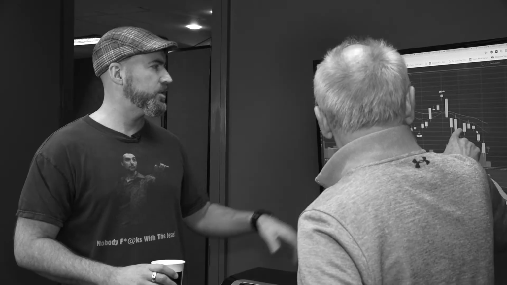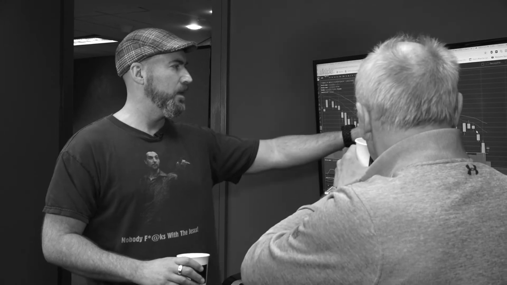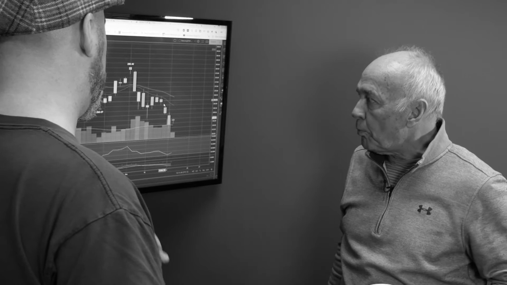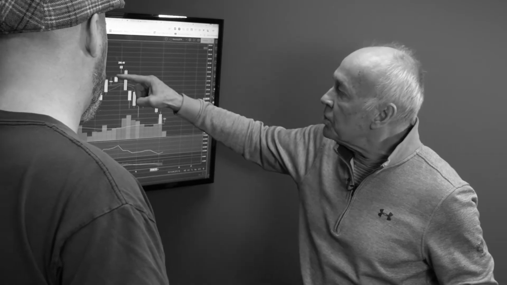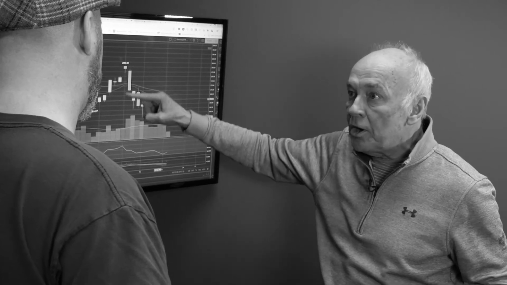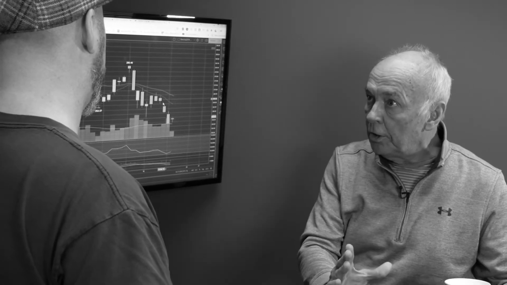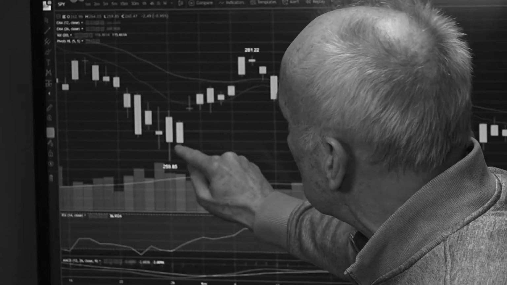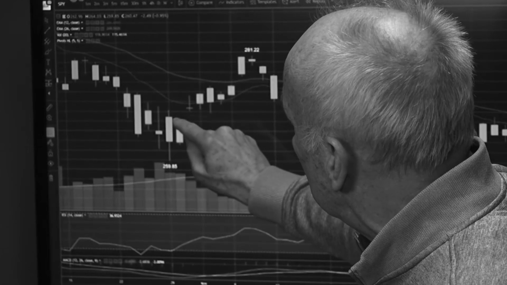For instance, just to be clear, this whole candle is how it traded that day. That tells you the range of the price movement of that instrument that day. So the low trade was at the bottom of the tail.